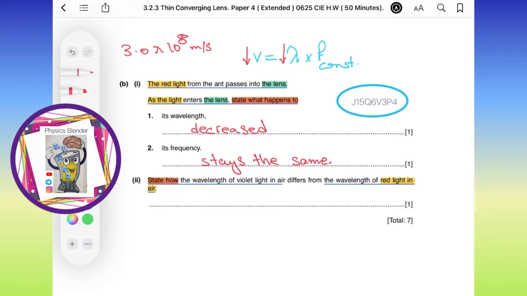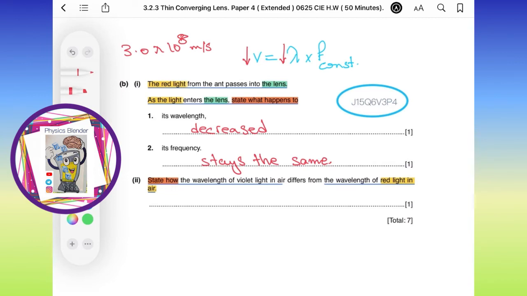State how the wavelength of violet light in air differs from the wavelength of red light in air. This part is related to dispersion, and you know that the one which refracts more, or is deviated more, is violet. The one which is deviated least is red.